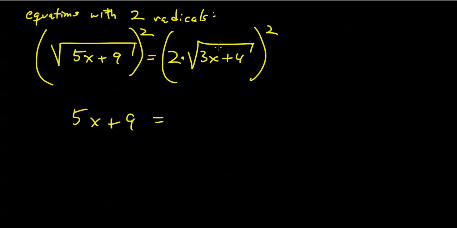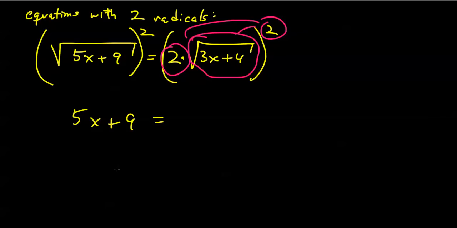Now you got to remember, on the right hand side you've got two factors being raised to the second power, so you've got to square both independently. So 2 squared is 4, and the square root of 3x plus 4 squared is just 3x plus 4.